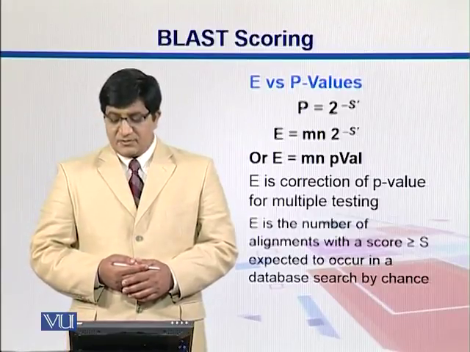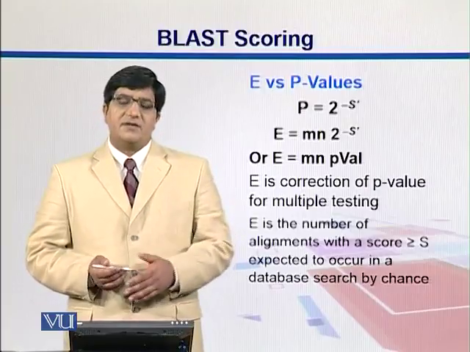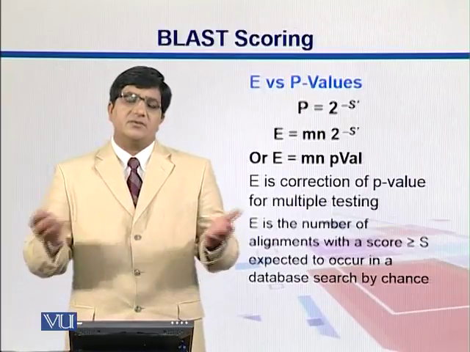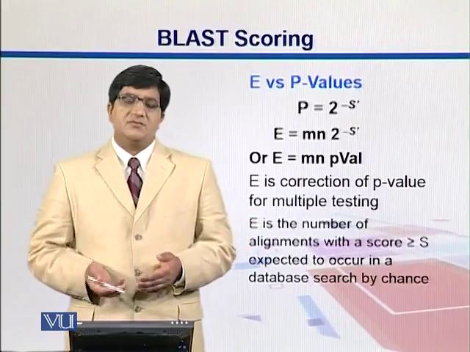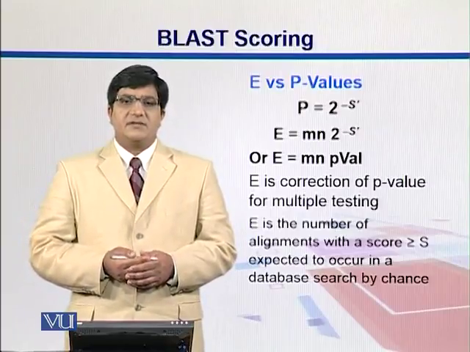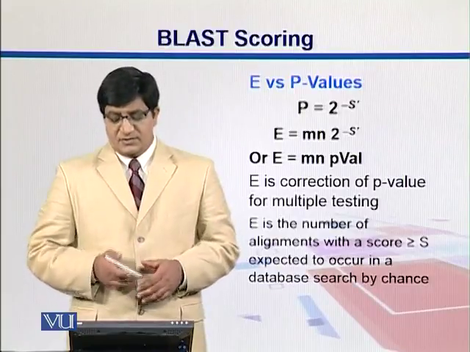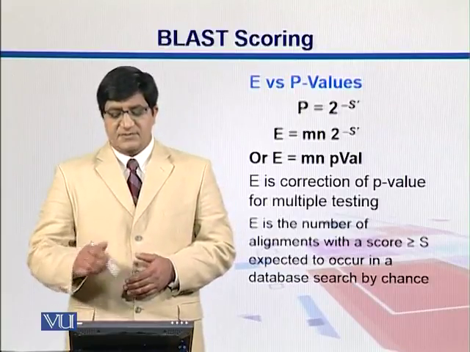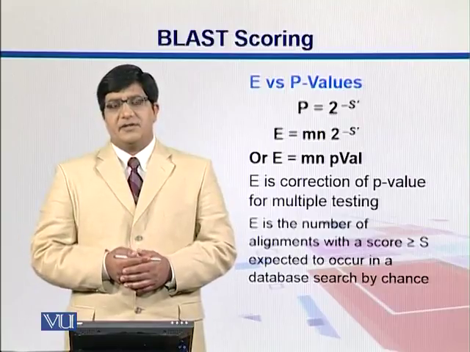So E is actually the correction of the P-value for multiple testing. When you are doing a large number of statistical tests, you get a large number of P-values, so after those multiple tests we apply corrections and normalize those P-values. We will get back to this when we talk about our data analysis part.